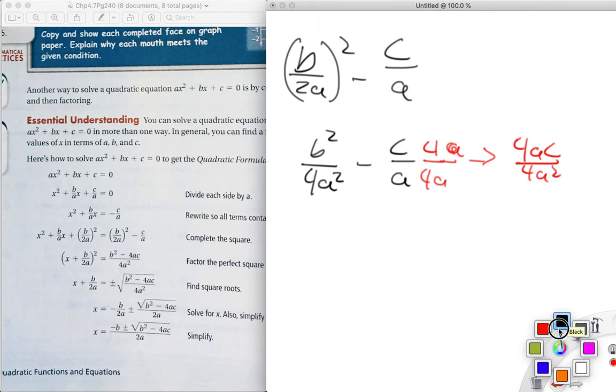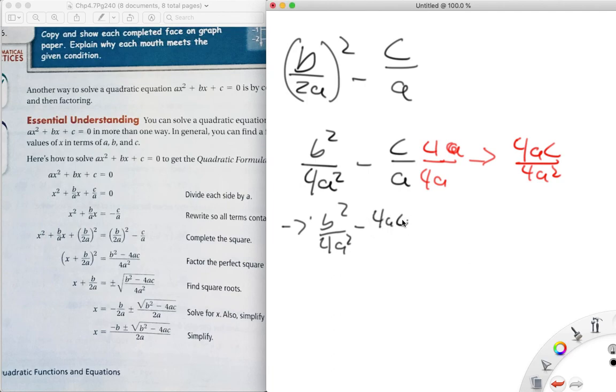So then this would turn into b squared over 4a squared minus 4ac over 4a squared, and that turns into b squared minus 4ac over 4a squared. So that's where that came from, a common denominator.